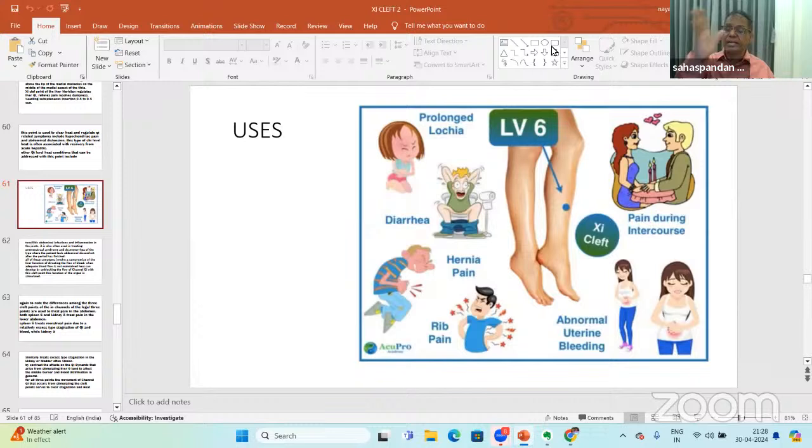A few clinical experiences indicate that using strong scarring moxa at this point, so strong moxibustion, may create a kind of immune response which stimulates the body's anti-tumor resistance.